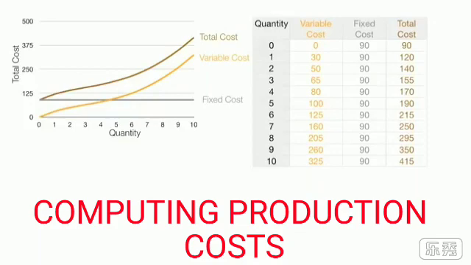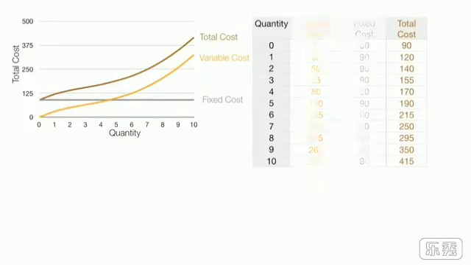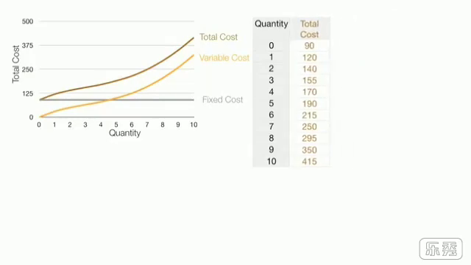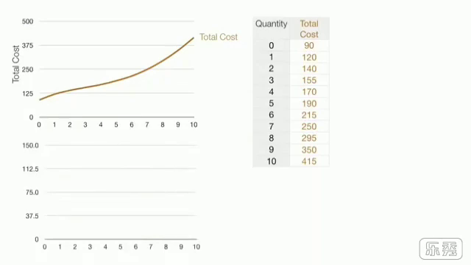Let me move over the total cost column a little bit. And I'm going to discuss that now. It's average cost right now, but let me just slide over right there. Now on the bottom graph, I'm going to plot unit cost instead of total cost. I'm going to plot average total cost.